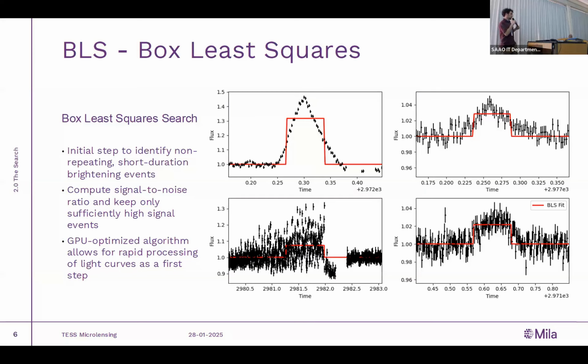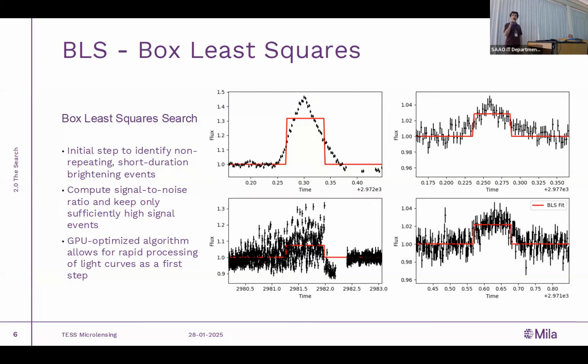I can go into details about every single step, but in this short talk I'll just highlight a couple of key characteristics. One of the first steps is a BLS, or box least squares, search. The point of this step is to simply identify as many brightening events in the data set as possible. We're working with millions of light curves from individual stars, and so to pare that down into a more manageable amount, this is a nice first step.